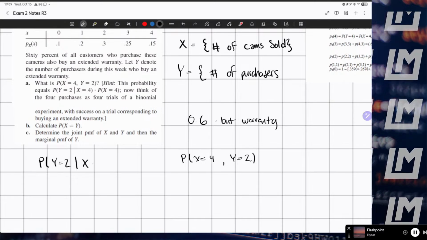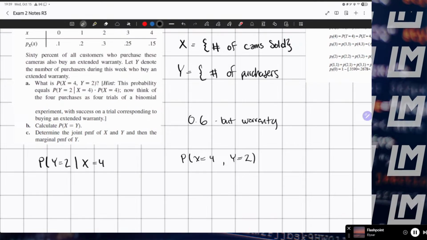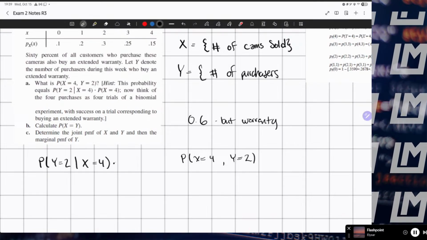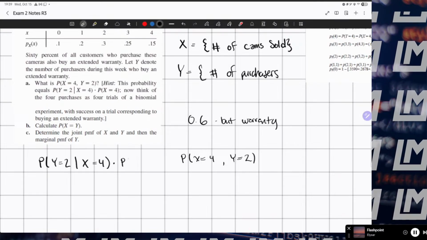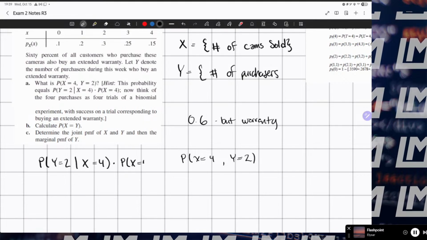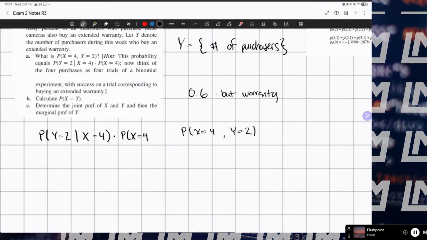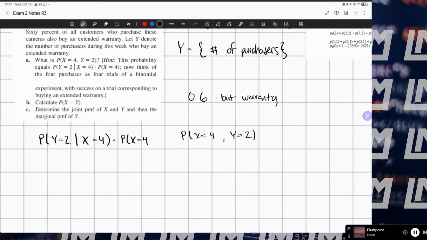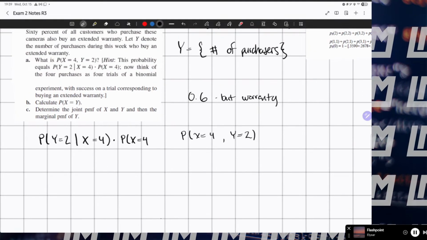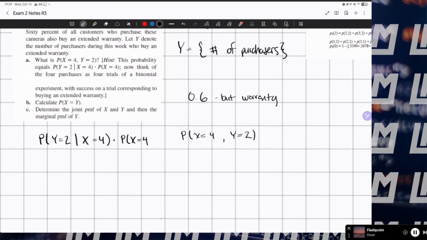Given x equals 4, times p of x equals 4, and y is the set of all who purchase, or purchasers.